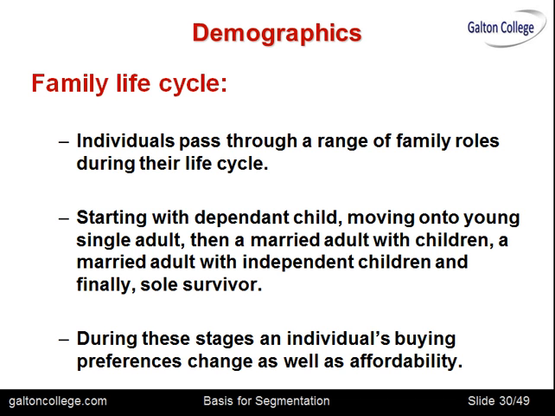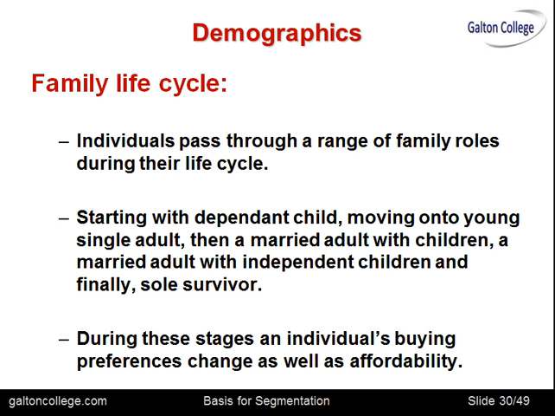So our buying preferences change as well as affordability as we move through that path in life from child to older person. Our finances change as well. We have less responsibility as we get older because children have moved away and become more independent, and at the early stage there is more focus on the needs of family.